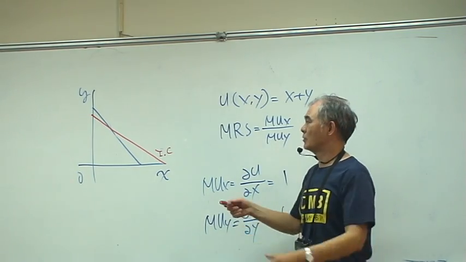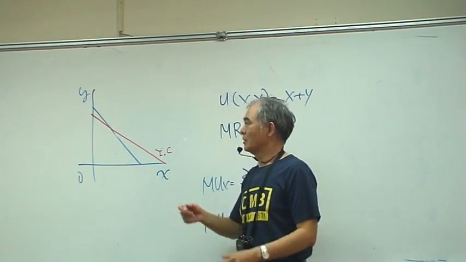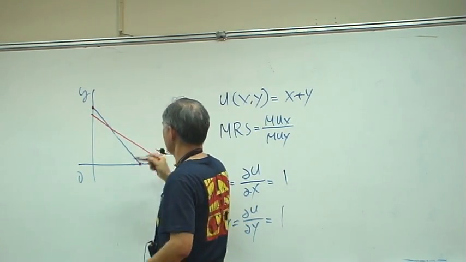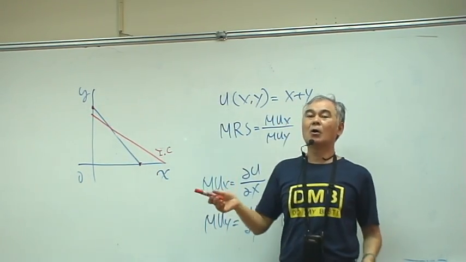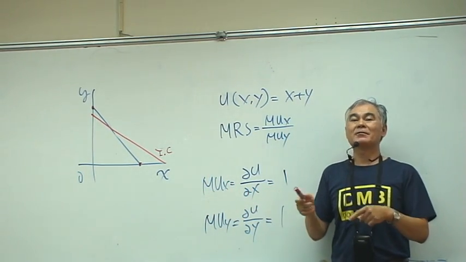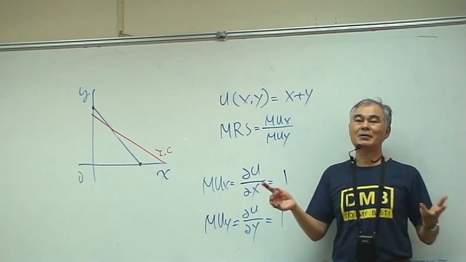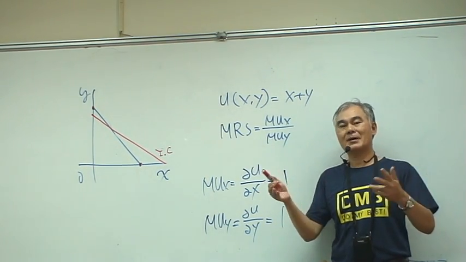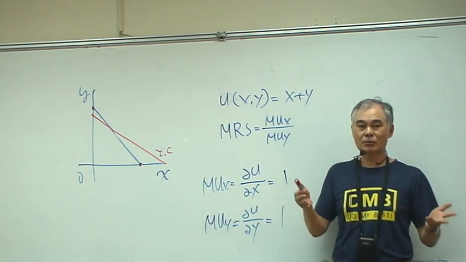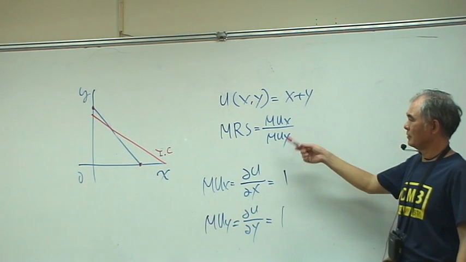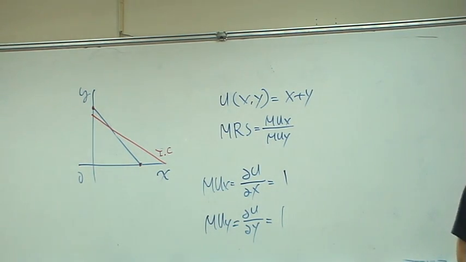This is what we call a corner solution, because the solution will be either here or here: all black pen or all blue pen. If the price is the same, you don't have any preference, so you can get any amount or combination of blue pen and black pen. Questions? This one is a little bit special.